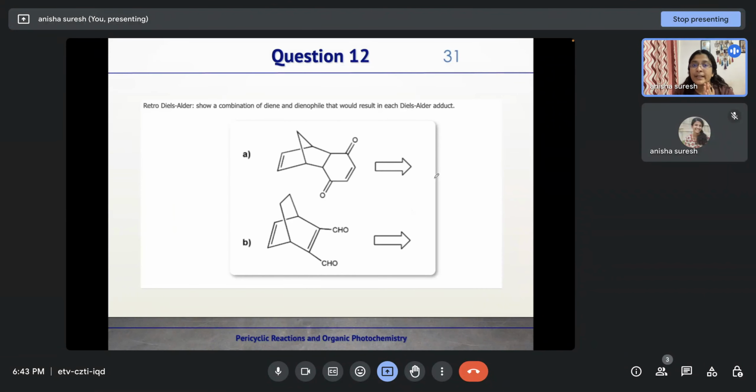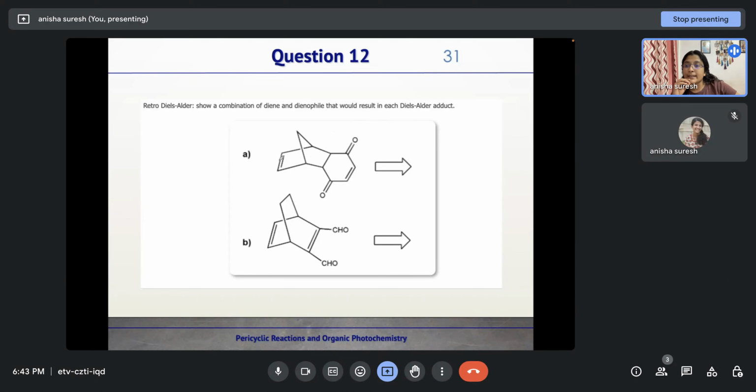Now coming to our last question. So this is based on retro Diels-Alder reaction. We have to predict what are the starting materials that lead to formation of the Diels-Alder adduct. So this is the Diels-Alder adduct we have got. We have to show what is the combination of the diene and dienophile that will result in formation of this Diels-Alder product.